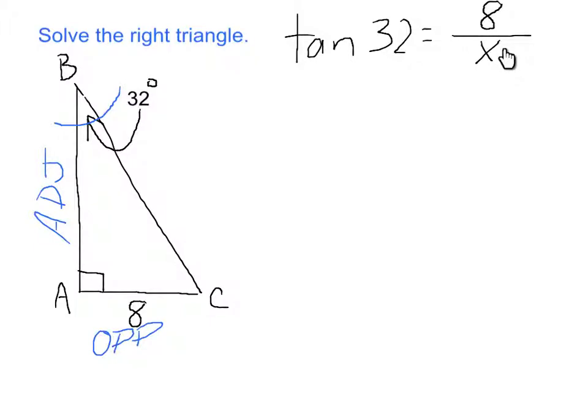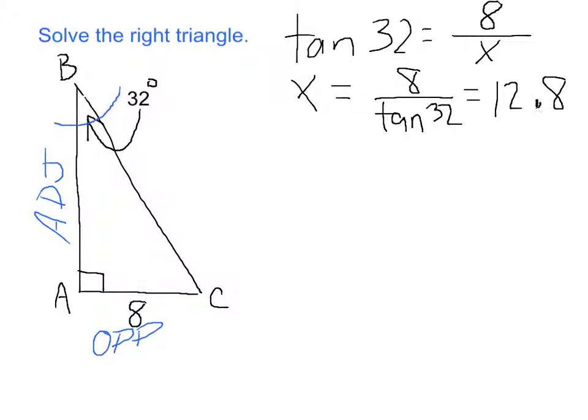So I'm going to totally switch X and the tangent of 32 and rewrite a new equation. So X is equal to 8 divided by the tangent of 32. All you have to do is plug that in your calculator and round to the nearest tenth. In this case, I come up with 12.8. So side AB is 12.8.